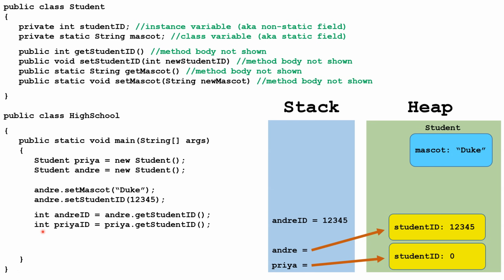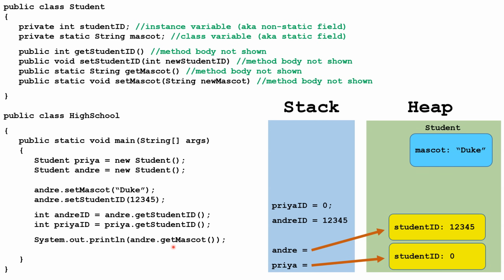Next, we're going to do the same thing with Priya. So int priyaID equals whatever was returned when we call getStudentID from the object Priya is pointing at. The student ID for the object Priya is pointing at is 0, so we're going to set priyaID equal to 0.